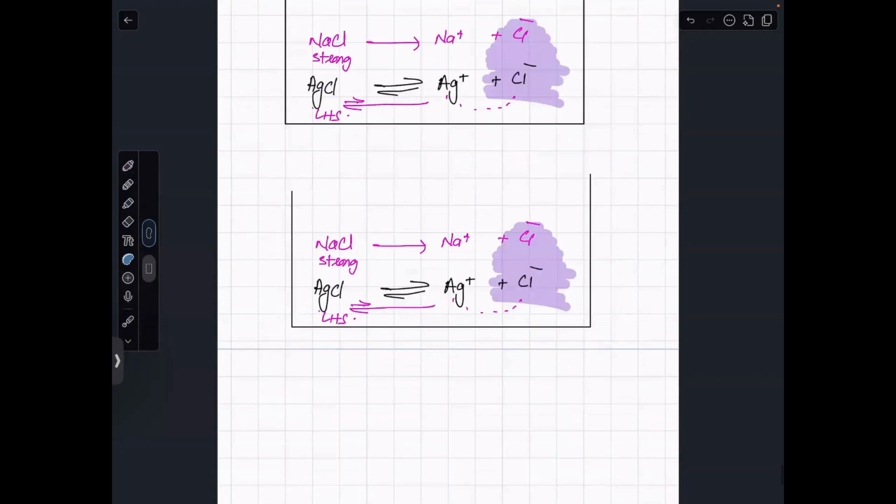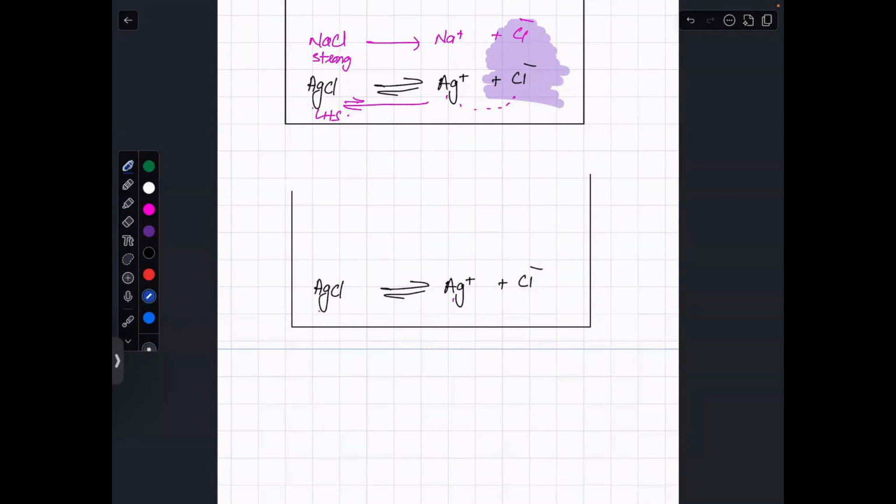Look, suppose I add AgNO3. All nitrates are strong electrolytes and dissolve completely.